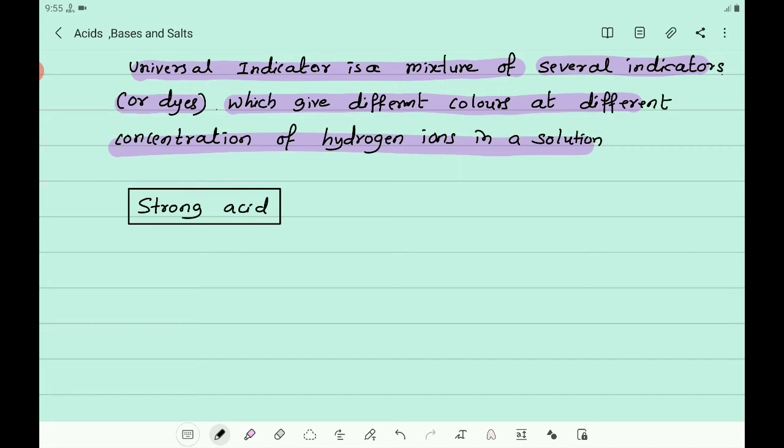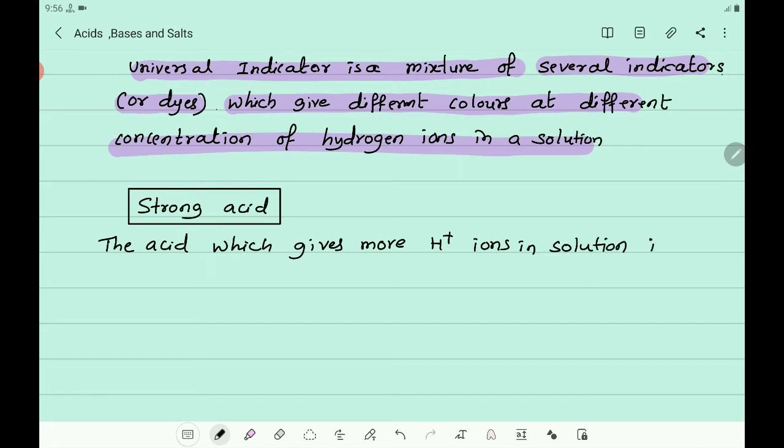You can write: the acid which undergoes complete dissociation in water, forming more H plus ions, is called a strong acid.